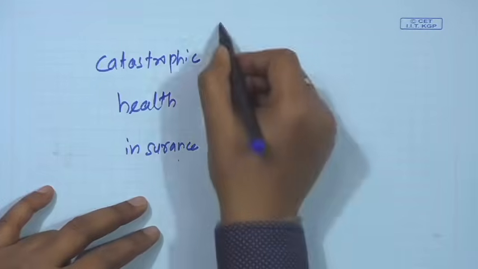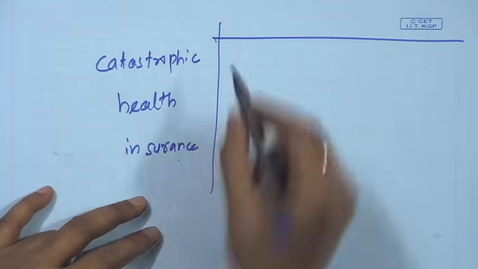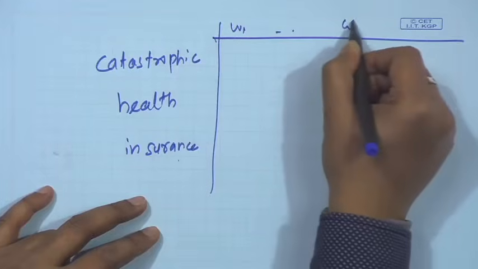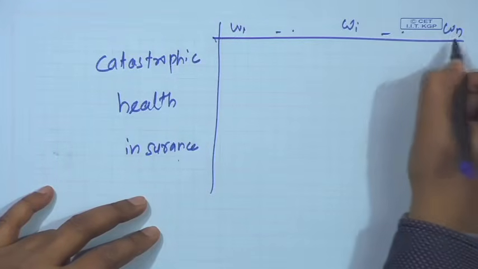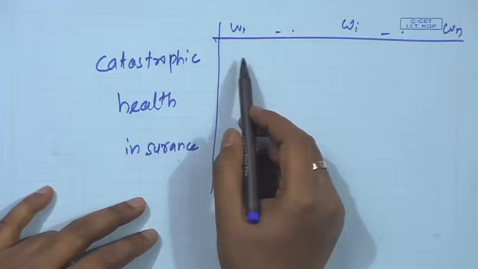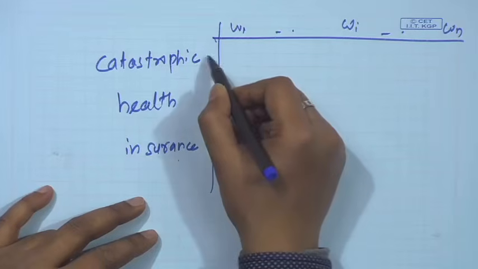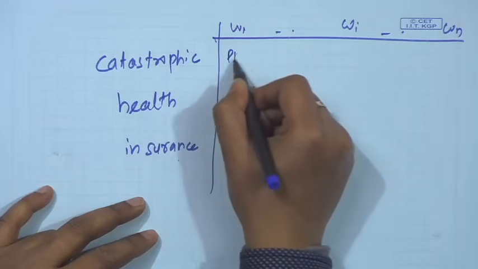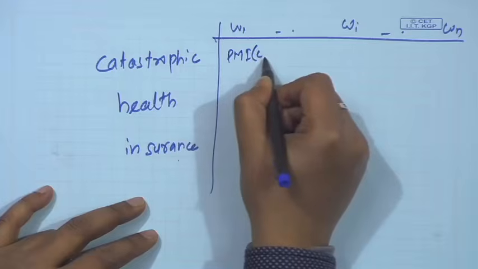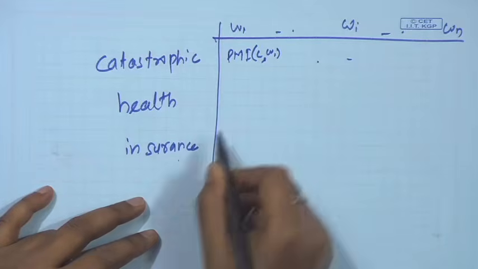And suppose you were using words as context, so different words were there, W1 to WN, and for each word you were computing the co-occurrence. So it can be, say, a PMI value. What is the PMI between catastrophic and W1? Like that you are computing for all the words.